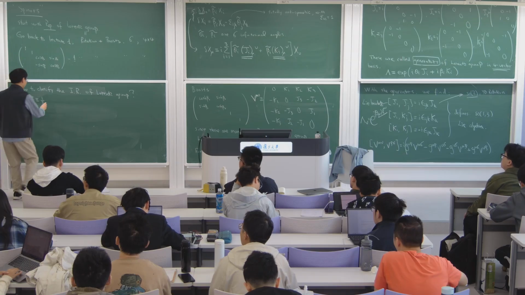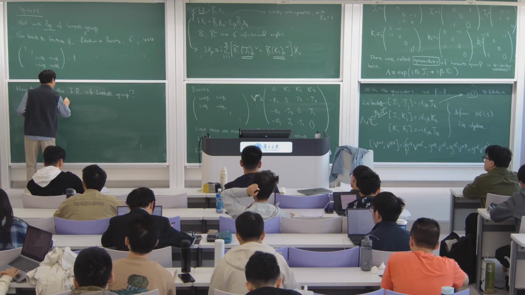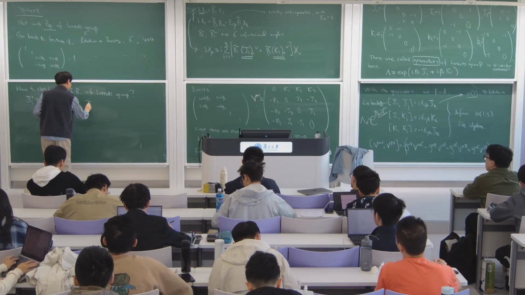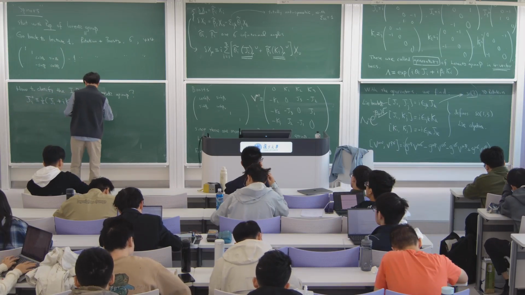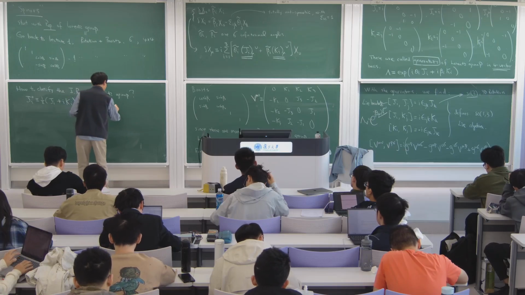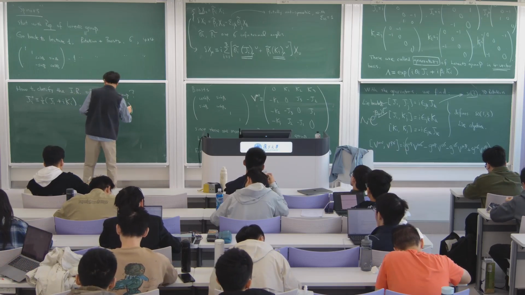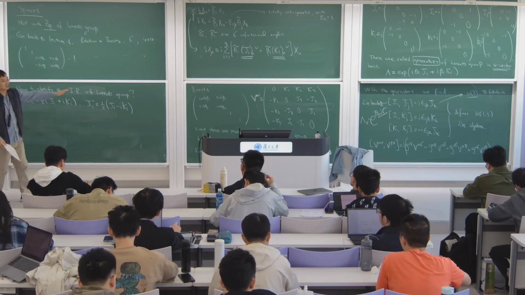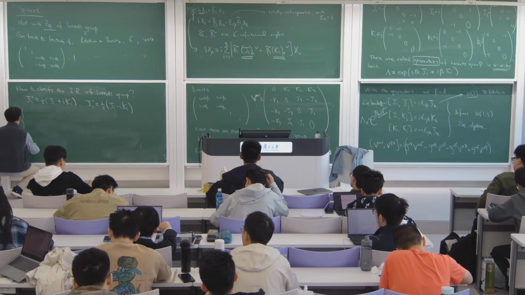J plus is a half of J_i plus i K_i. And we also define J minus as a half of J_i minus i K_i. Okay? And then you can easily check that these three relations can be expressed in another form.